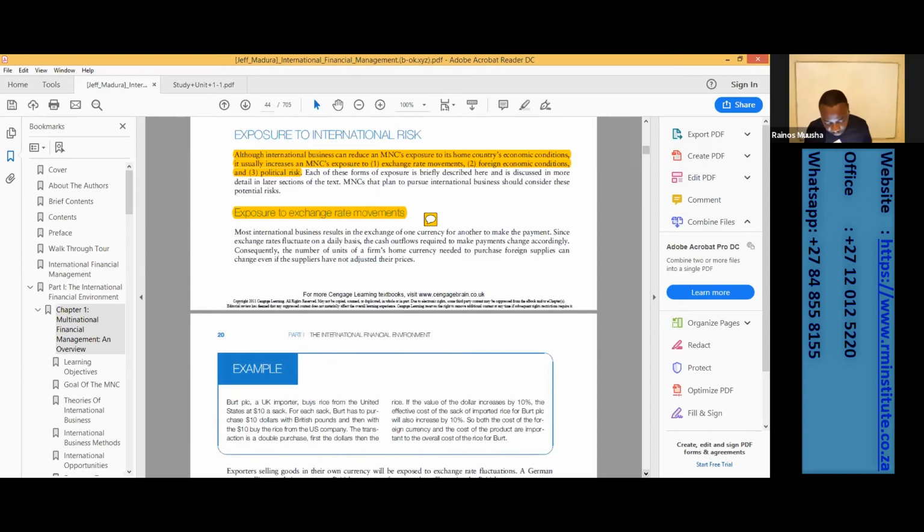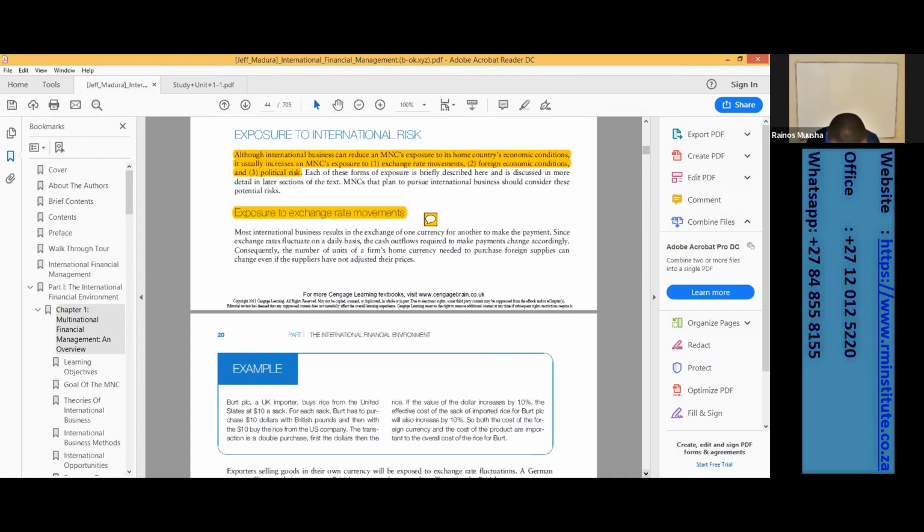Next, we are going to look at exposure to international risks. When you look at exposure to international risk, they say, although international business can reduce a multinational company's exposure to its home country's economic conditions, it usually increases a multinational company's exposure to one, exchange rate movement, two, foreign economic conditions, and three, political risk.